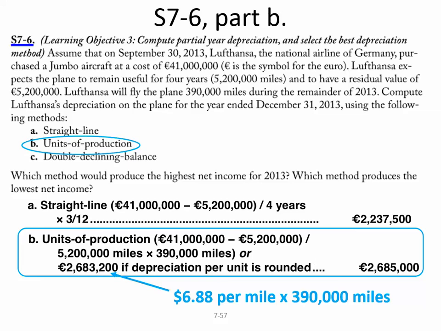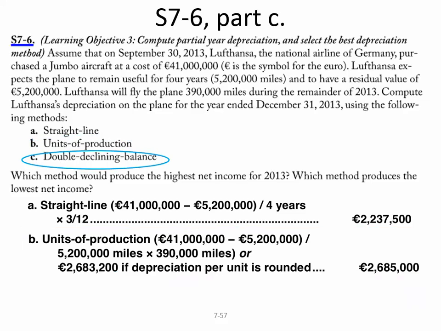Next up is the double declining balance method. Now, the double declining balance method, what we're going to do here is we will have to take the cost of 41 million euros times the double declining balance factor. The factor will always be 2 divided by the life, which is 4 years.